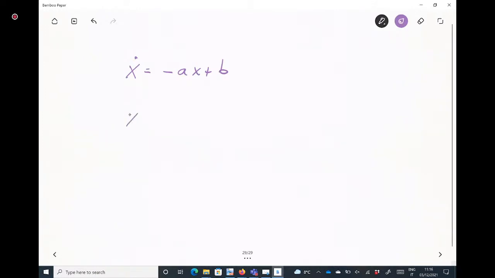When we have a system of linear differential equations, we have x dot vector equal to Ax, where A is a matrix, plus B. What characterizes the solution in the case of a linear equation? It is this coefficient, minus A. It determines whether we can write down the solution, and whether the solution is stable or not, right?